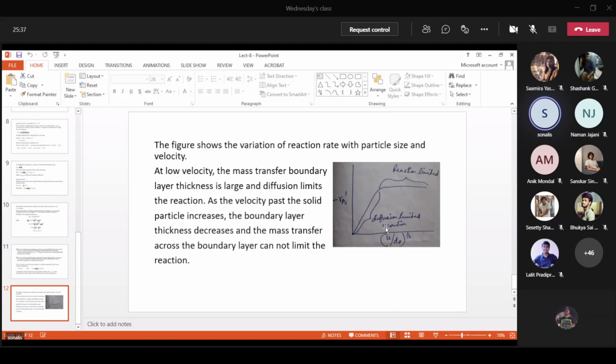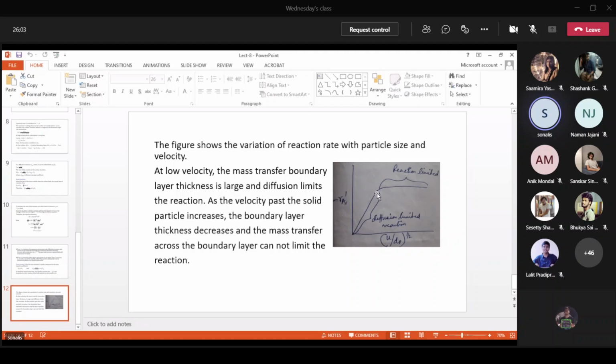As the velocity increases or dP decreases, the rate of the reaction increases. If U increases, then Kc will increase, or if dP decreases, Kc will increase. So as a whole, the rate of the reaction will increase. So it is a straight line passing through the origin.